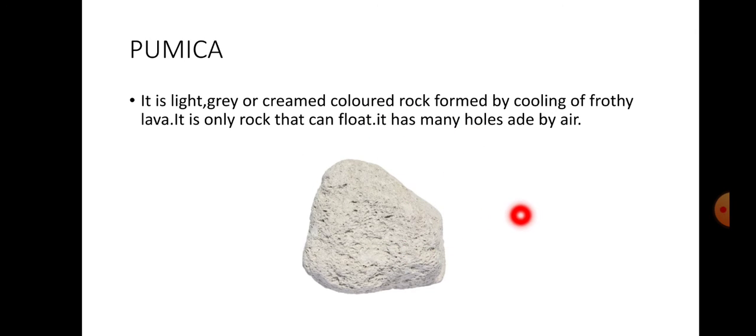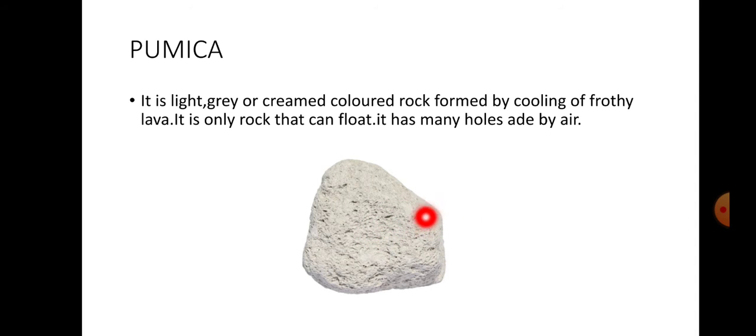When you throw any stone or rock in the water, it definitely goes down and sinks due to the weight of the stone. But pumice is different from other rocks, it floats on water. It has many holes, and these holes are packed with air.